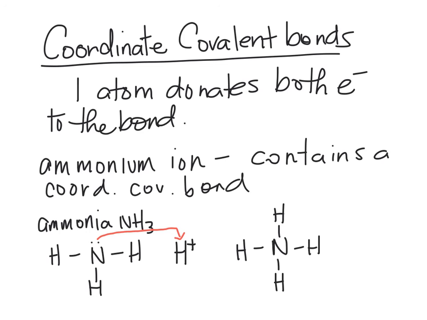The ammonia does not have a negative charge. So overall, it still has a plus charge. That's the Lewis structure for the ammonium ion. So the lone pair of electrons donates to the hydrogen ion. That's the coordinate covalent bond. Okay? All right.